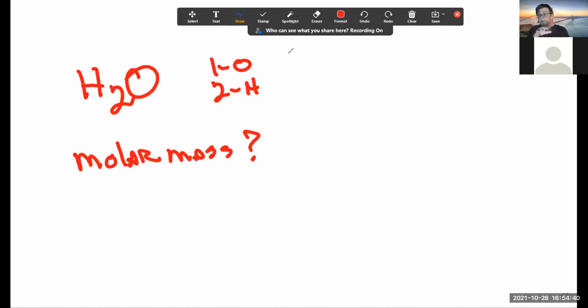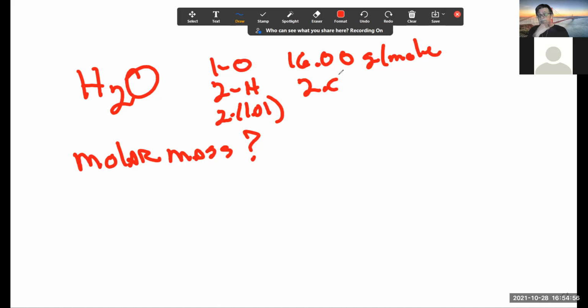Now we get the atomic weight for the oxygen, and that's 16.00 grams per mole. The hydrogens, there's 2 of them, and each one is 1.01, so we have 2.02 grams per mole coming from the hydrogens.